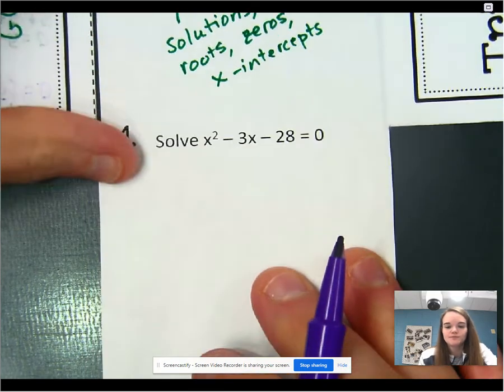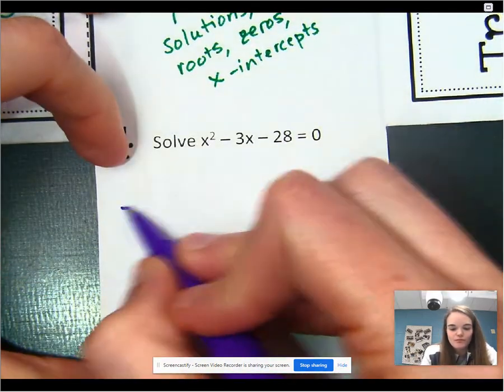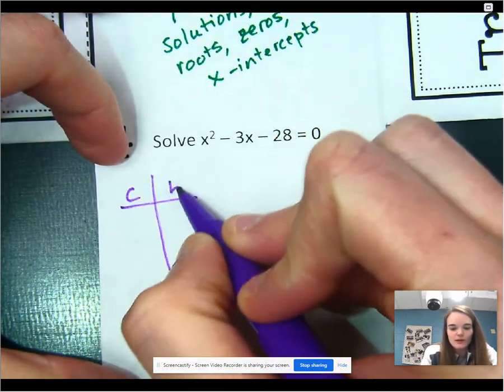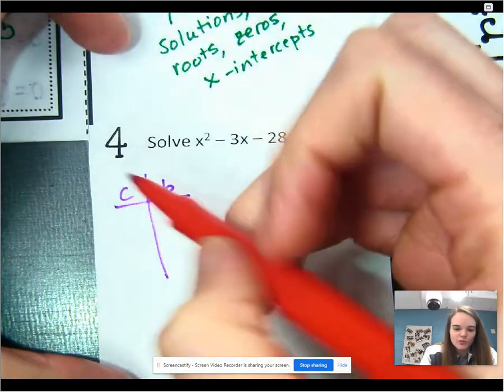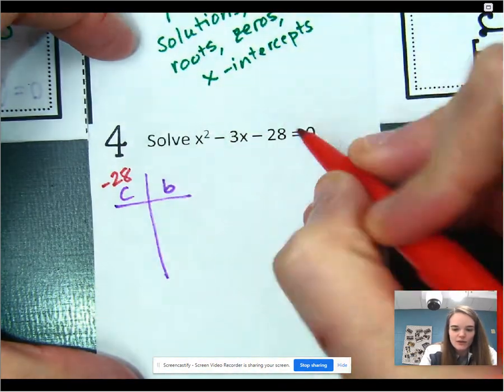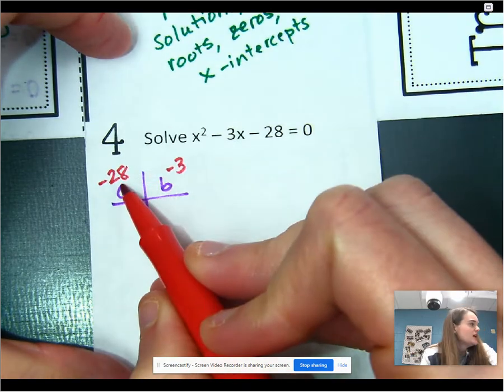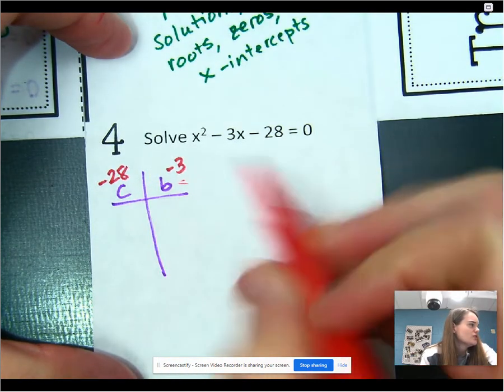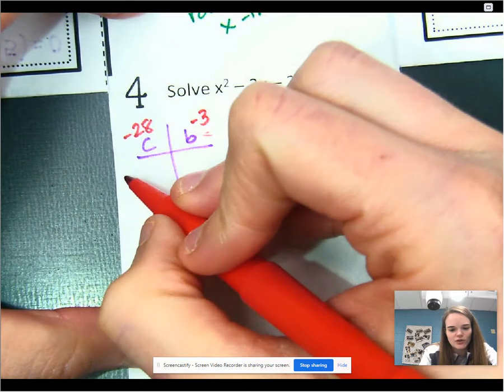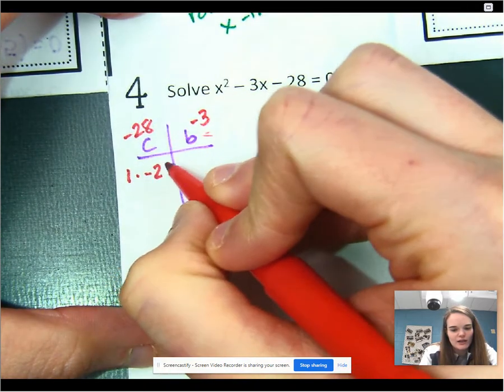All right, number 4. C and B. Let's see, C is negative 28. B is negative 3. So we're going to have a positive and a negative. The negative is going to be larger since this is negative. So 1 and negative 28.